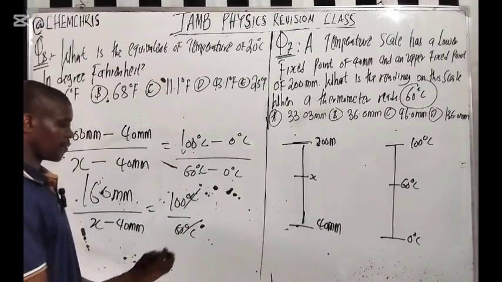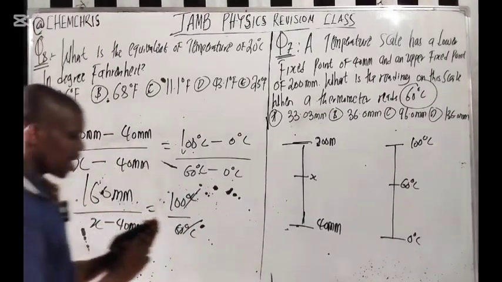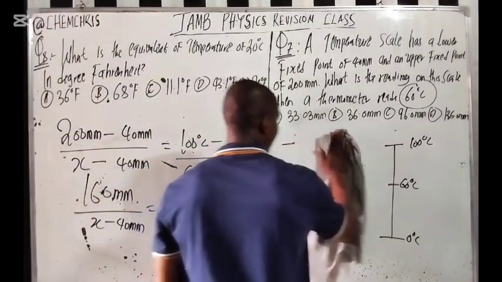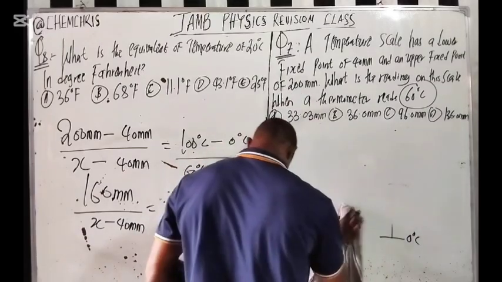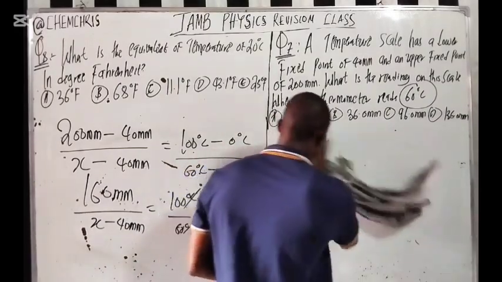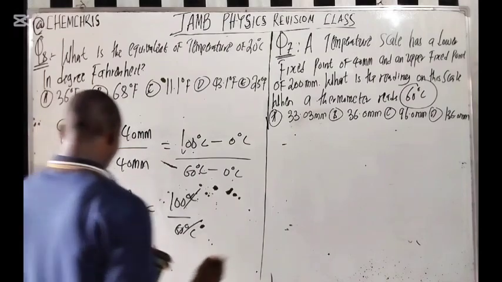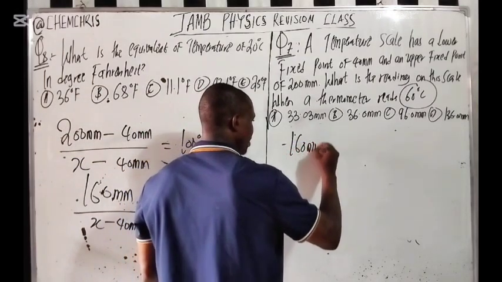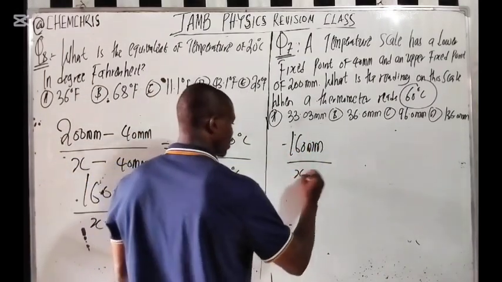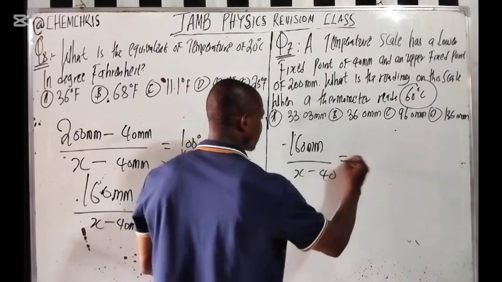Centigrade, we cancel out this one. You can see that. So what do we have left? Let me write this out. So here we have 160 millimeter over x minus 40, right?